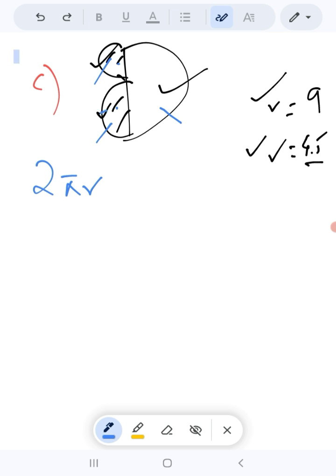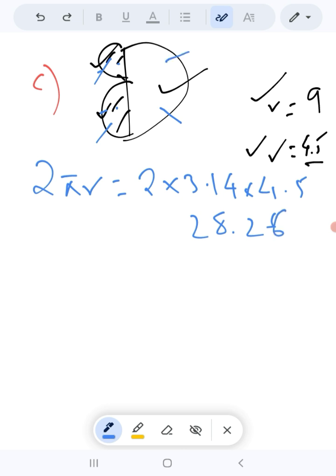So for these circumferences, 2 multiplied by 3.14 multiplied by the radius, that was 4.5. Okay, so 2 multiplied by 3.14 multiplied by 4.5, I get my answer 28.26.